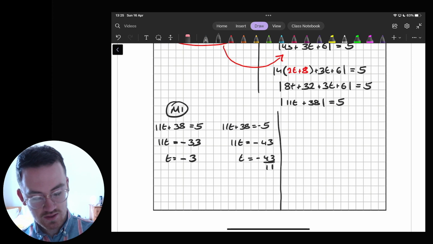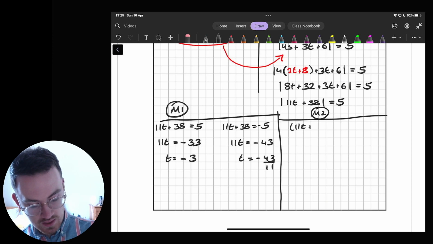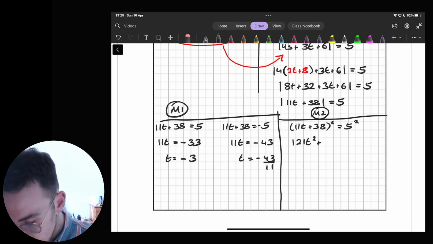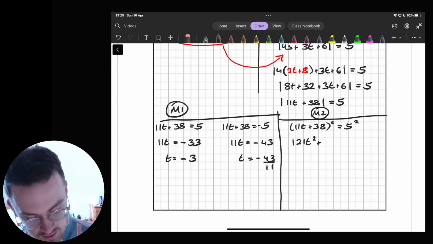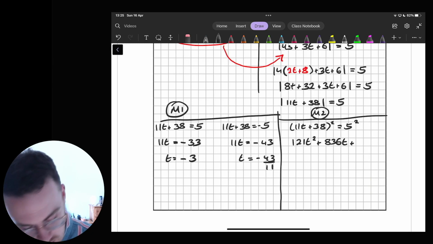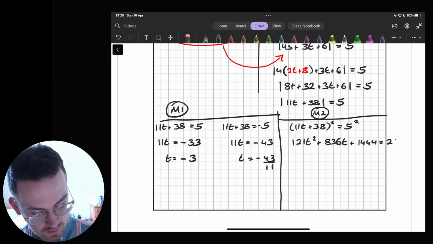Now my other method, a bit more involved, is to do our quadratic, so square both sides. So 11t plus 38 squared equals 5 squared, so 121t squared plus 836t plus 38 squared, 1444, is equal to 25.